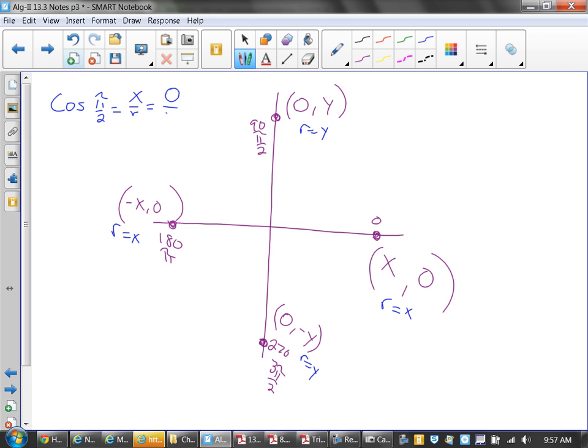My value of r is y. What's 0 divided by y? 0. 0 in the numerator, happy. 0 in the denominator, dead. So for the cosine of 90 on the grid here, you put 0. Yeah. That's exactly right.